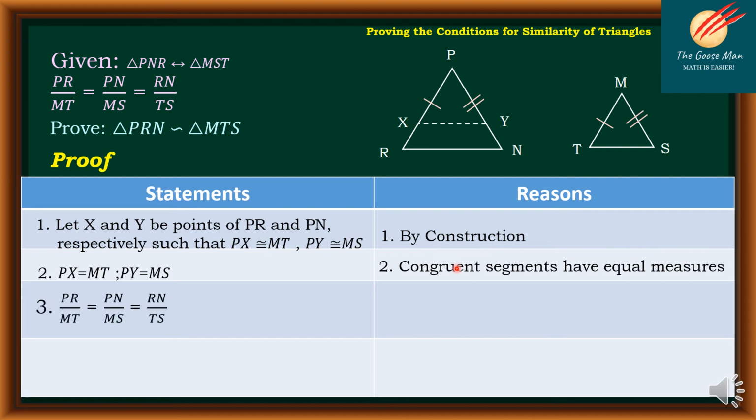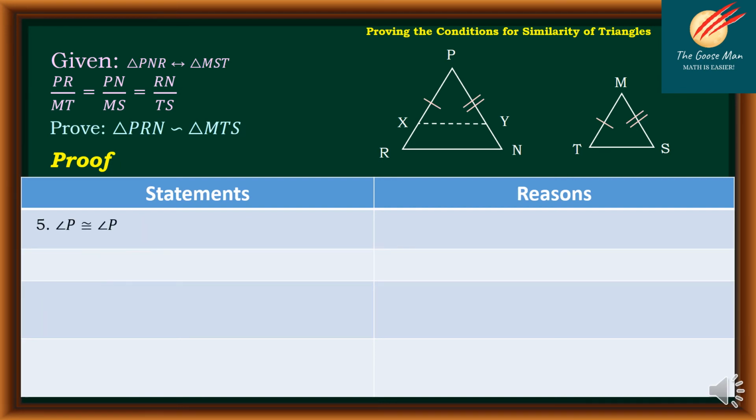For statement number 3, we have PR over MT is the same as PN over MS, which is the same as RN over TS, because that is from our given. Number 4, PR over PX is the same as PN over PY because we use substitution. Take note that PX is equal to MT as well as PY is equal to MS.